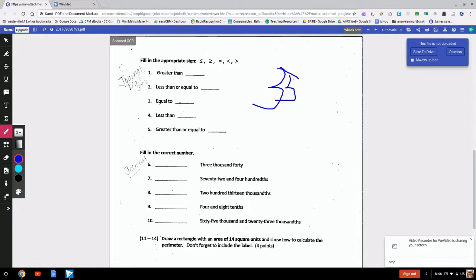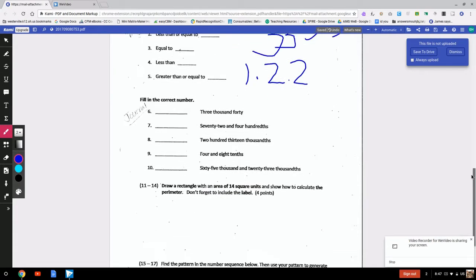And they're also in lesson 1.2.2. If you're on the online textbook and you don't know what those signs mean, you can find them right there.